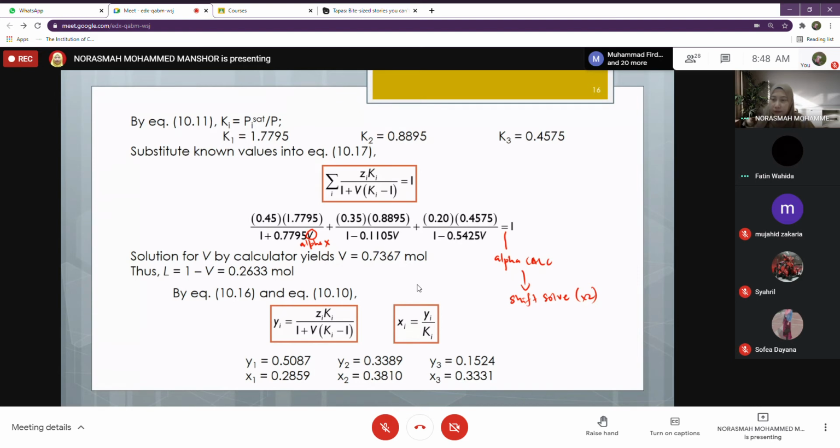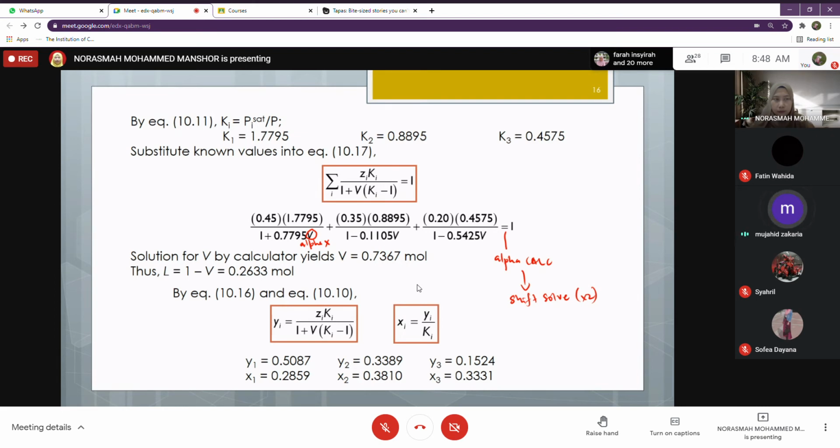Let's ask Mujahid. Okay, how to calculate yi and xi? For yi use equation 10.16.